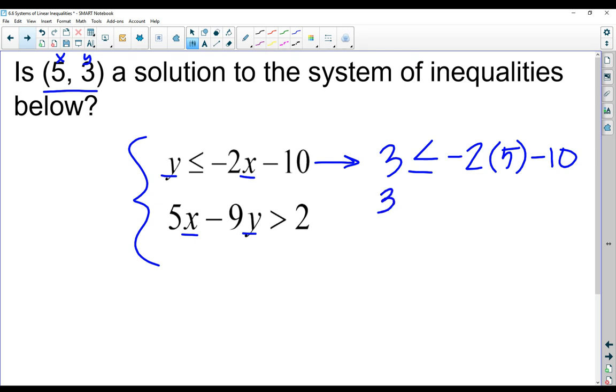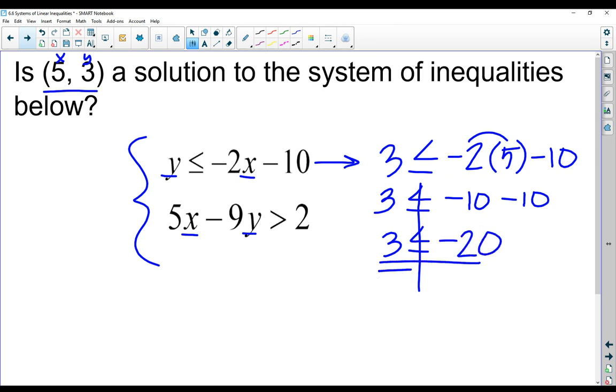Nothing happens on this side, so I leave that 3 there. Negative 2 times 5 is negative 10, and I still have minus 10. 3 stays the same. Negative 10 minus 10 is negative 20. Once I have it down to this, then I have to check to see if this is true.